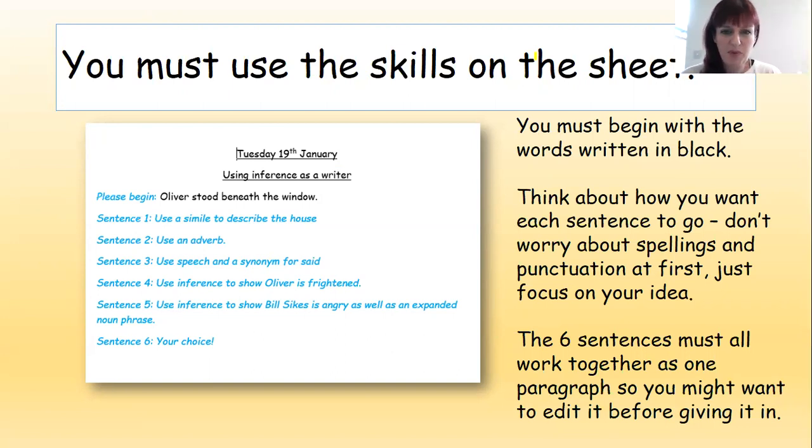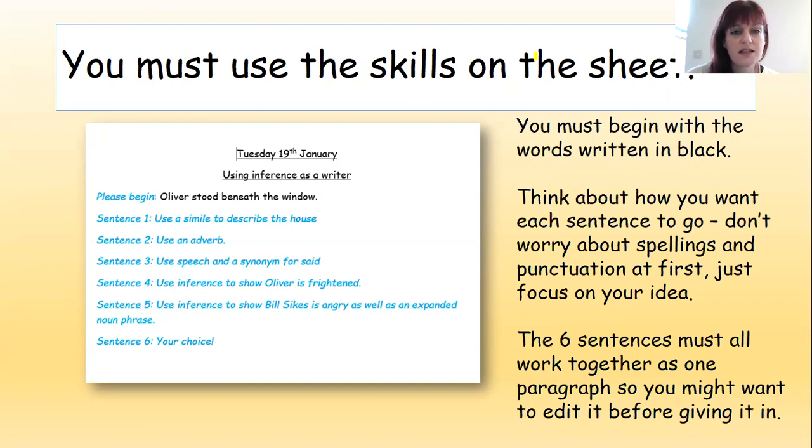And then Bill says, don't you even think about it, I've got a gun trained on you. And then Oliver hears the noise of people upstairs, and then he ends up getting shot. So what you need to do is think about this sentence by sentence. So Oliver stood beneath the window, full stop.